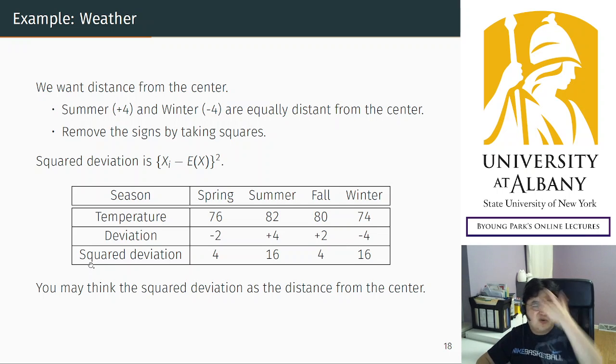You may also think of the squared deviation as another new random variable after two transformations. The first transformation is subtracting the mean, and the second is taking a square. After the two transformations, you obtain a new random variable with four observations: 4, 16, 4, 16.